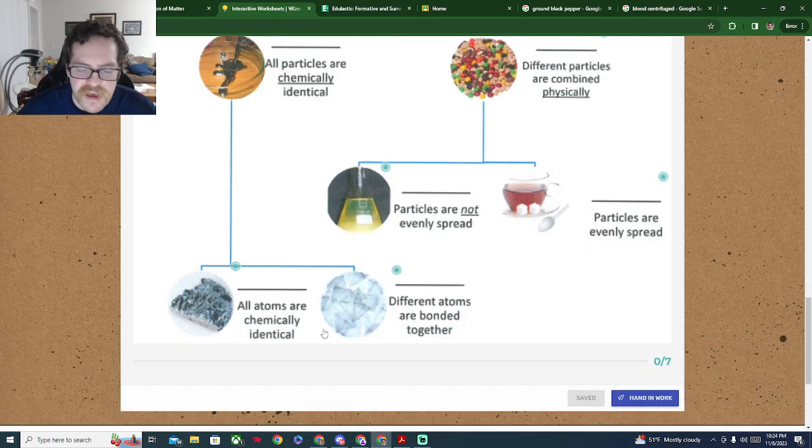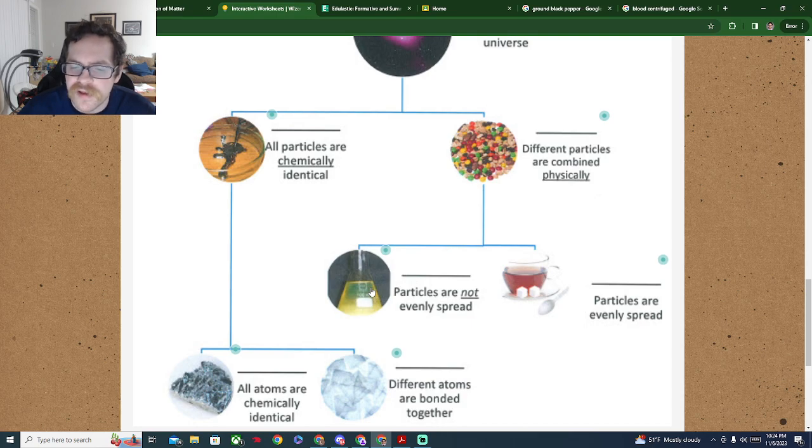If you have a bowl of just sodium chloride, you might be thinking, well, it has sodium and chloride. Yes, but the sodiums and the chlorides are chemically combined together. They're not just going to separate and go off on their own. They are chemically combined, and therefore they are all the same substance and they have the same properties.